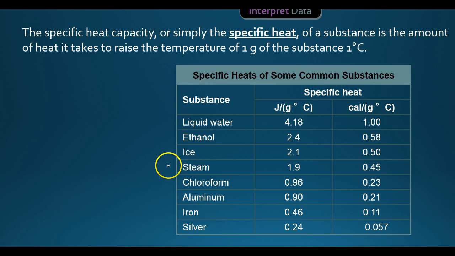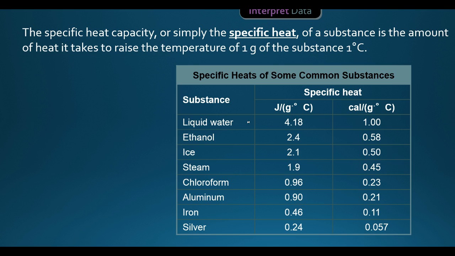So take a look at this. These are specific heats of common substances. Look at water. Liquid water has a very high specific heat compared to that of silver. And why is that? The water molecules are held together by hydrogen bonding.